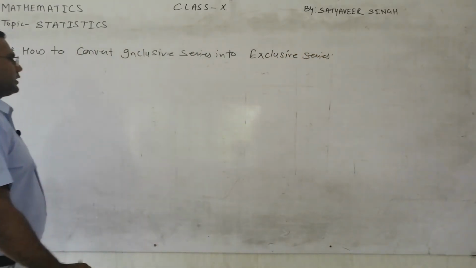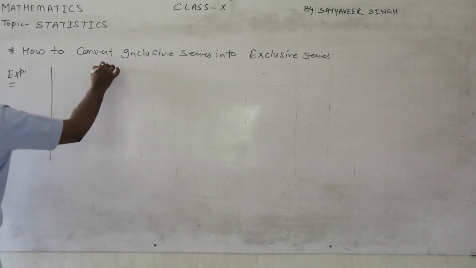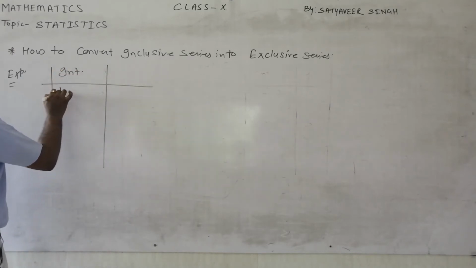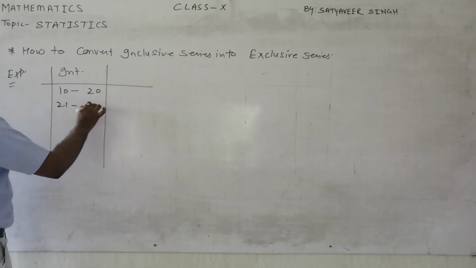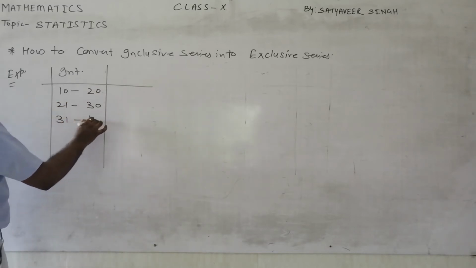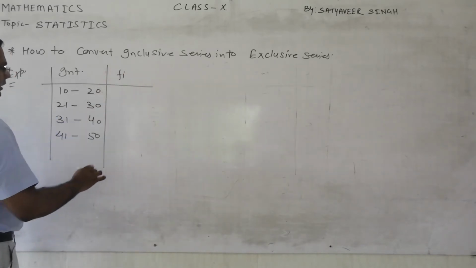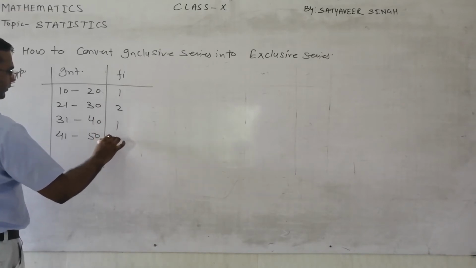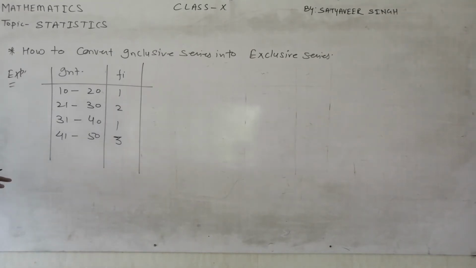So let us see, I am taking this example again. These are the intervals given, let it be like 10 to 20, 21 to 30, 31 to 40 and 41 to 50. And suppose the frequency is given, it is 1, it is 2, this is 1 and 3. Now, unless we convert this into exclusive, we cannot find out the mean further.